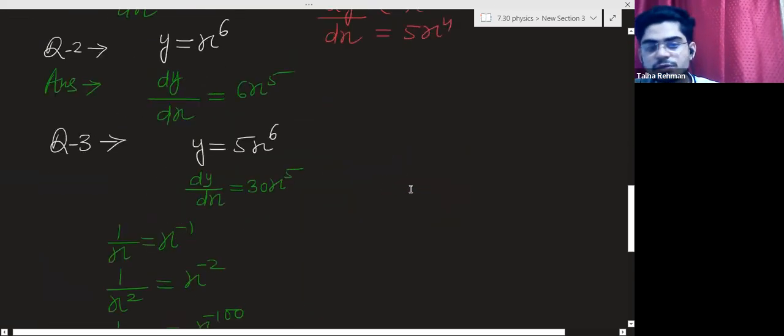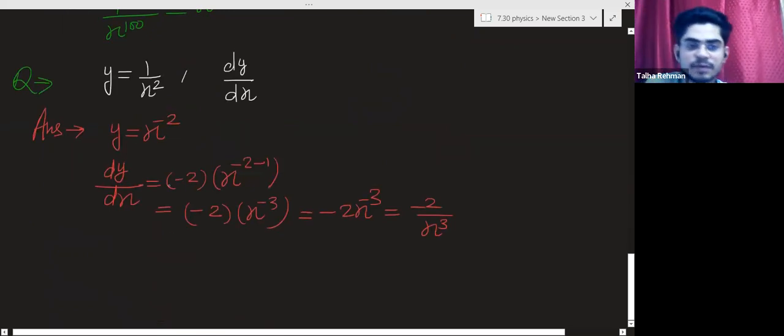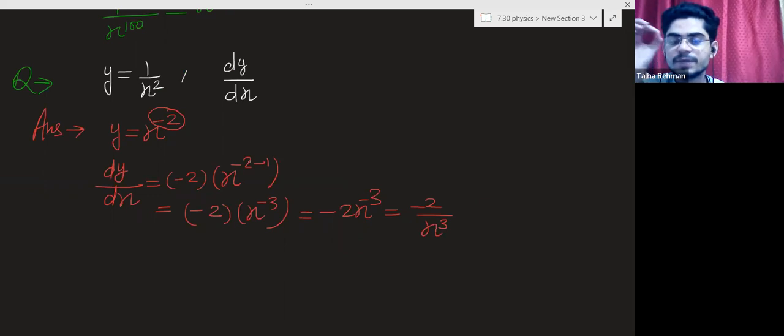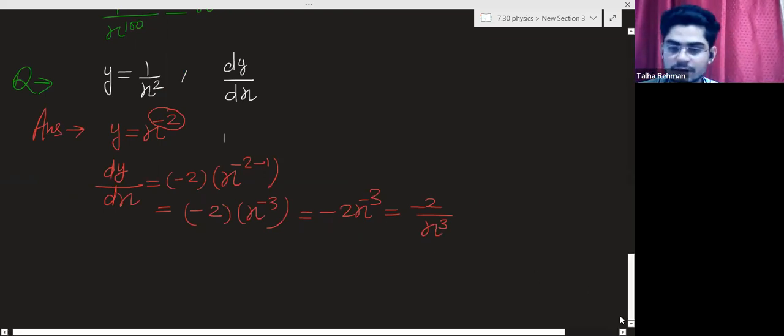Here also I am doing the same thing. This minus 2 will come here, and x to the power minus 3. So it means that in differentiation we subtract 1 from the power. Simple.